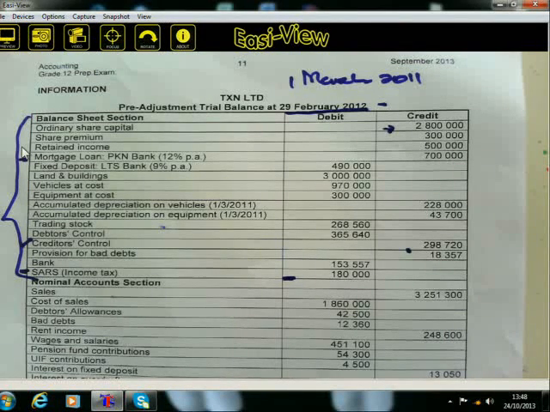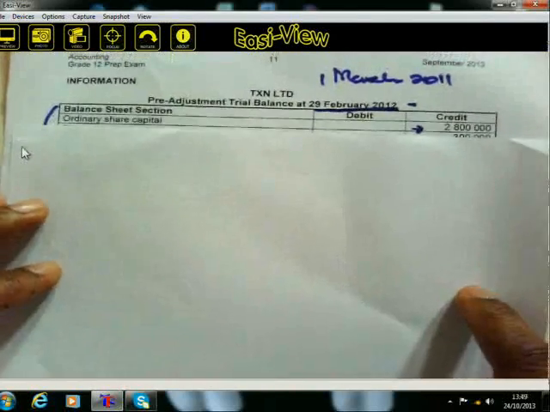What we'll have to do is take the 2,800,000 and divide it by 2 rand, being the par value, for us to determine how many shares were issued.